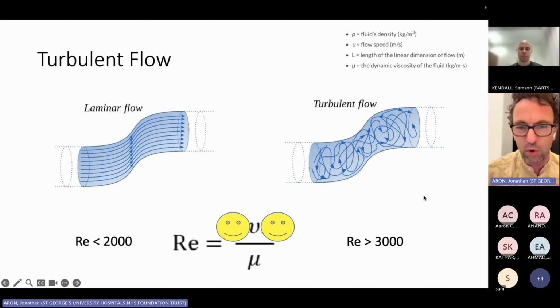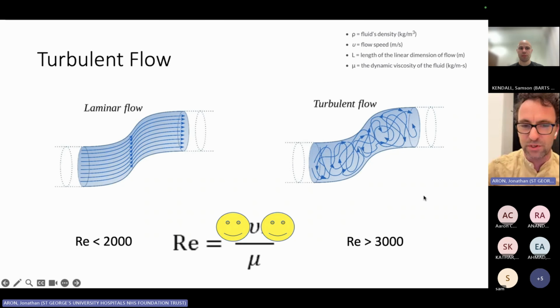Now, the really important thing to say about turbulent flow is that the delta P required to move a volume of blood under laminar flow is much, much less than the delta P required to move the same volume of blood which is turbulent. So that's a really important concept which has clinical consequences, which we'll discuss later.